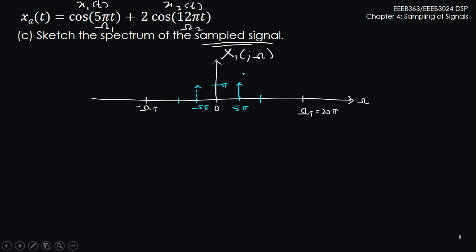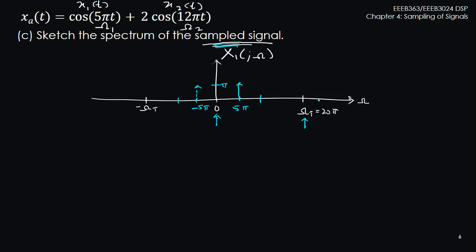Now, what did we learn in the previous lecture on spectrums upon sampling? The original spectrum before sampling only occurs once. But because we sampled the signal, this original spectrum will repeat itself about every omega t. So these two pulses, located at negative 5 pi and 5 pi, centered at 0, will repeat themselves here at omega t.